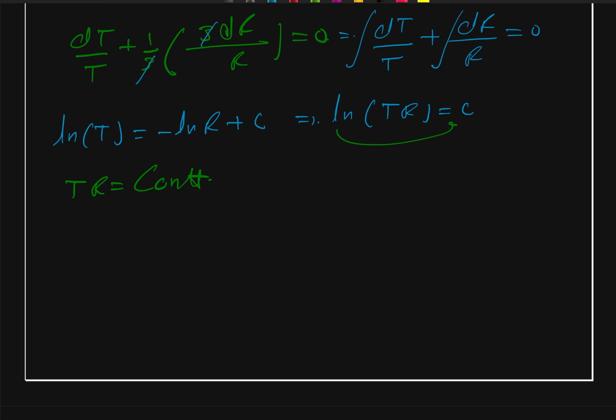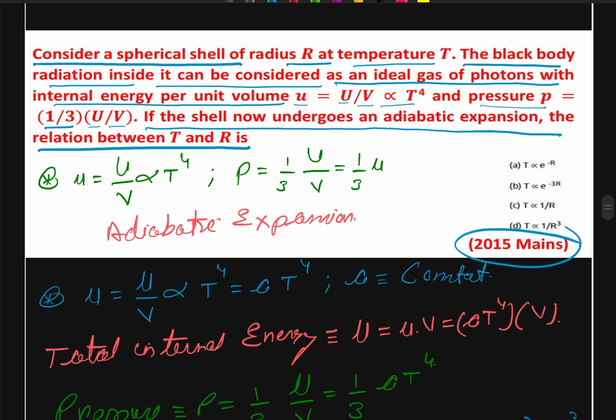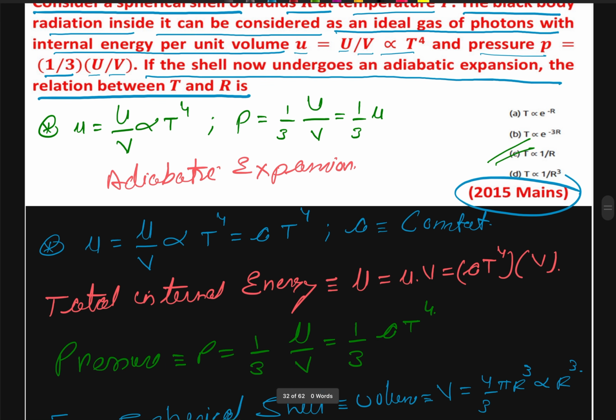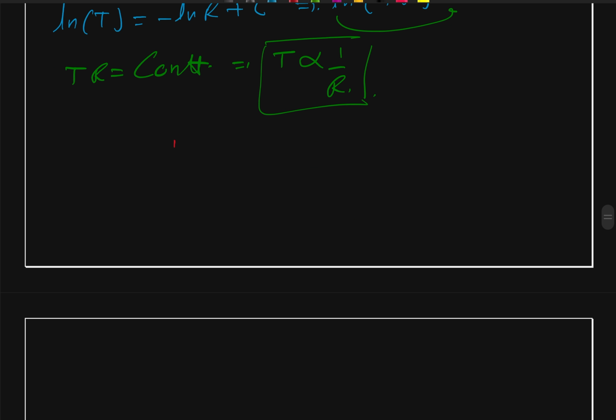Therefore, we can say our T is inversely proportional to our R. So we have option C is correct.